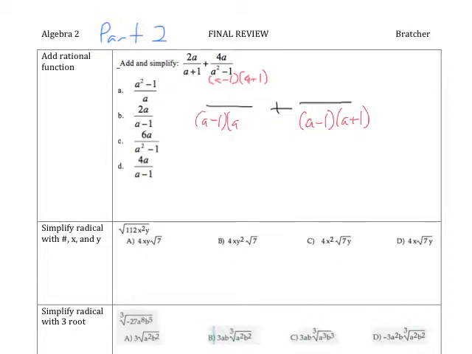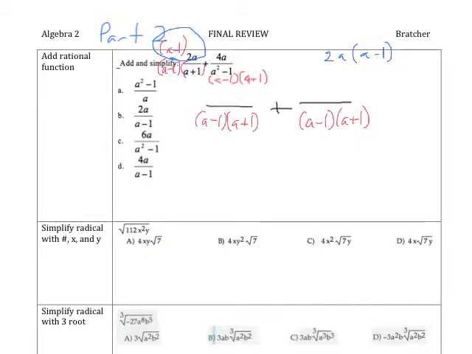But in order to have the common denominator, we have to multiply the top and bottom of it by that missing part, a minus 1. So let me go off to the side here. What I'm trying to accomplish is this part right here. If I reverse the order, that's 2a times a minus 1.